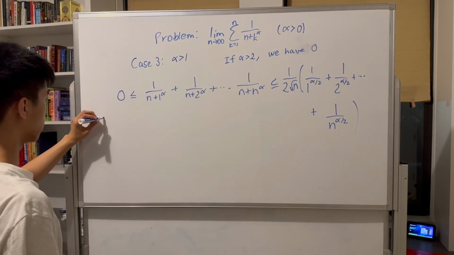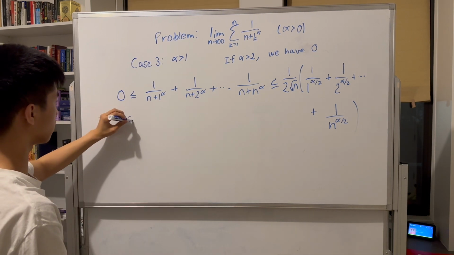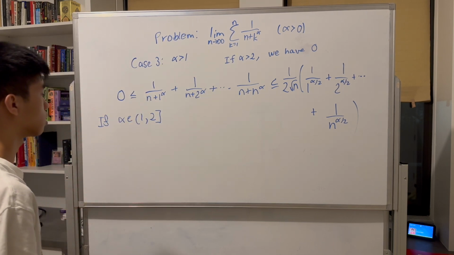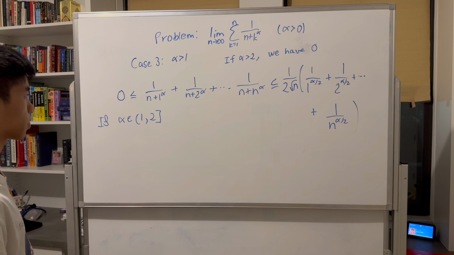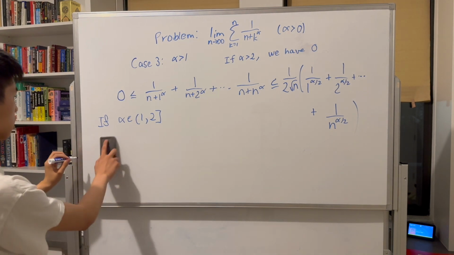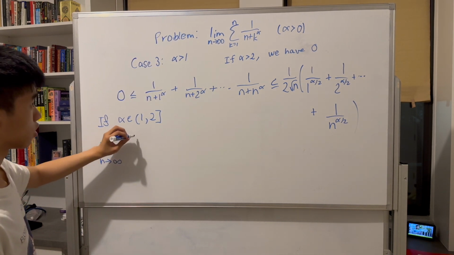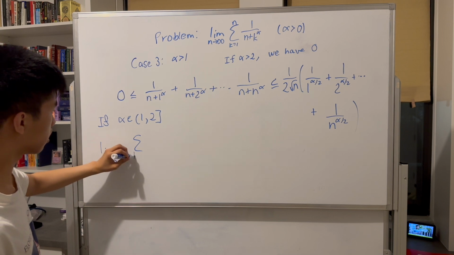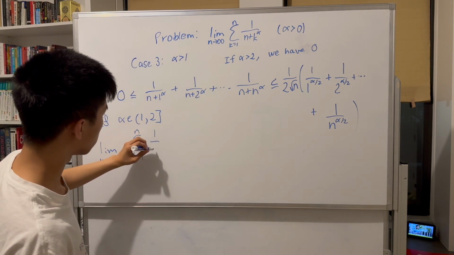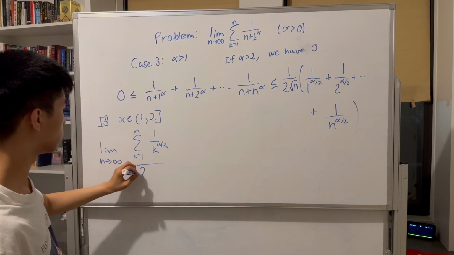So if we have alpha being in between 1 and 2, well, things get a lot trickier because now we have the limit as n goes to infinity of the summation k equals 1 to n of 1 over k to the alpha over 2, divided by 2 root n.